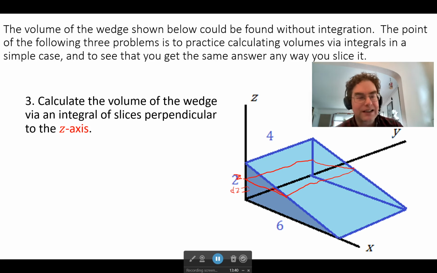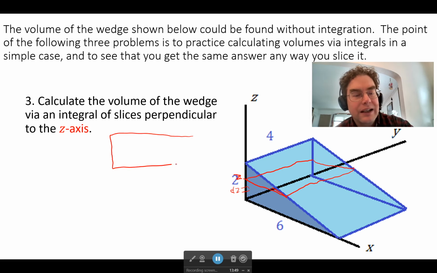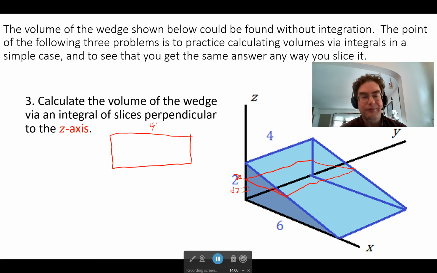But before we get to that, let's again take our rectangle and turn it out in such a way that we can see it well. And to do that, we'll put it here. And just like when we were slicing perpendicular to the x-axis, our width is consistent. It's always going to be 4.